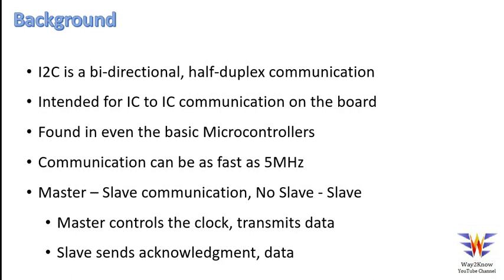This particular interface is one of the commonly used interfaces, and even in a basic microcontroller along with UART you can find I2C. And we know there are several modes: standard mode, fast mode, ultra fast mode. So I2C, starting from 100 kHz, can provide communication speeds up to 5 megahertz. That means the clock frequency can go up to 5 megahertz.